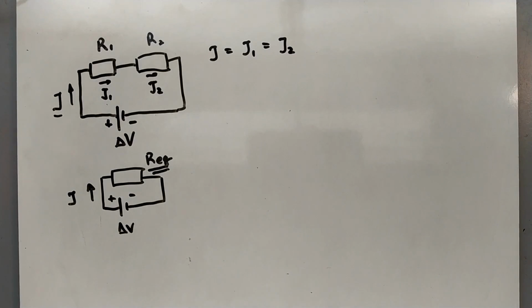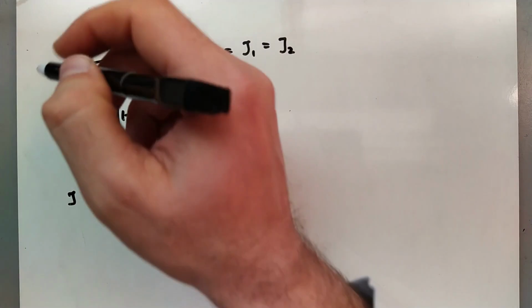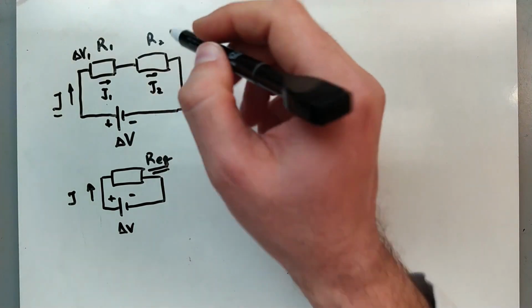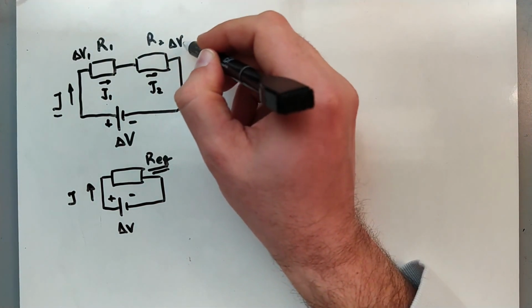However, we need to mention here about voltage drop over each resistor. So here will be delta V1 and here will be delta V2.